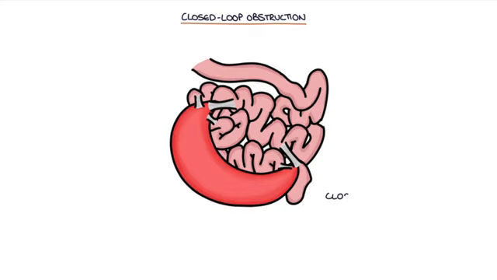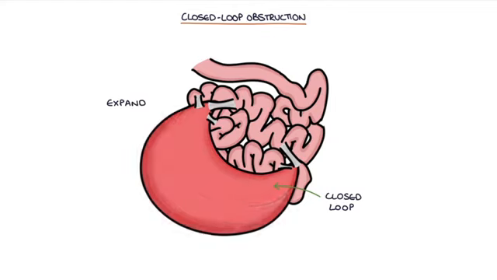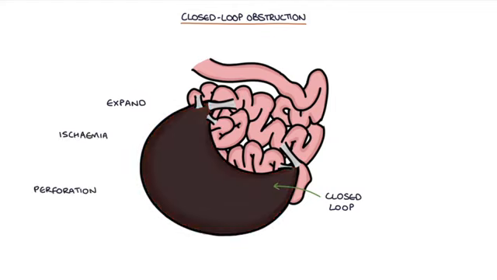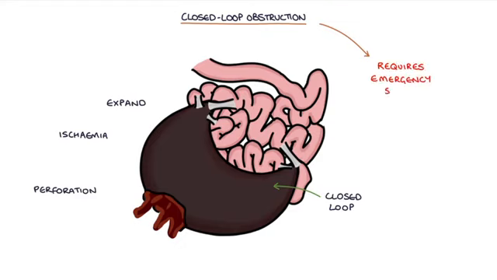The contents of a closed-loop section of bowel do not have any open end where they can drain and decompress. Therefore, the closed-loop section will inevitably continue to expand, leading to ischemia and perforation. Closed-loop obstruction requires emergency surgery.